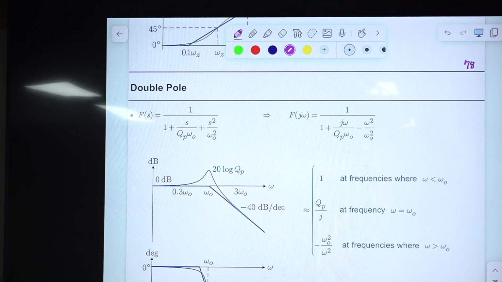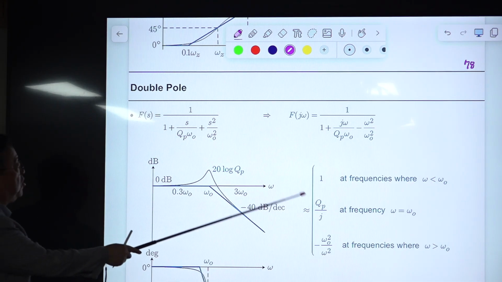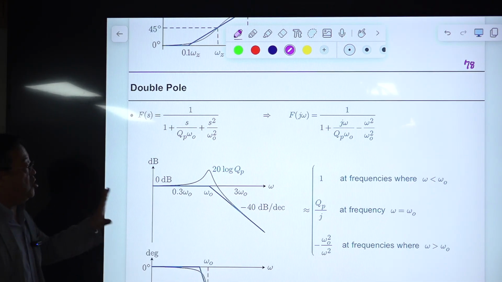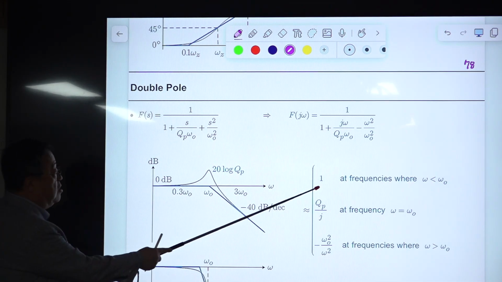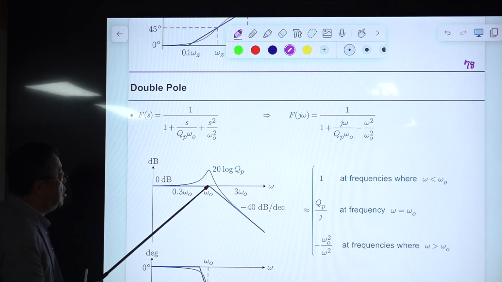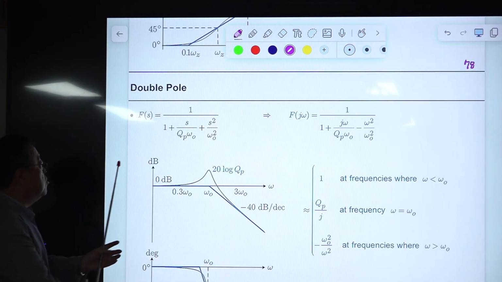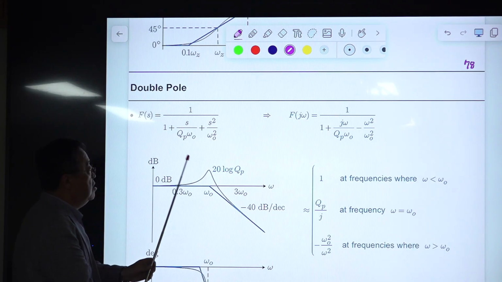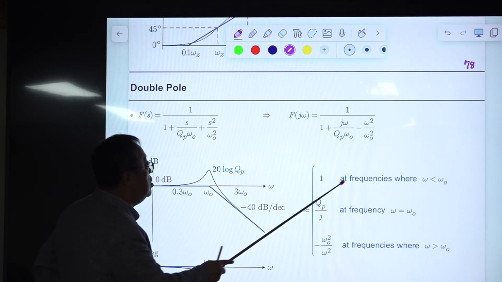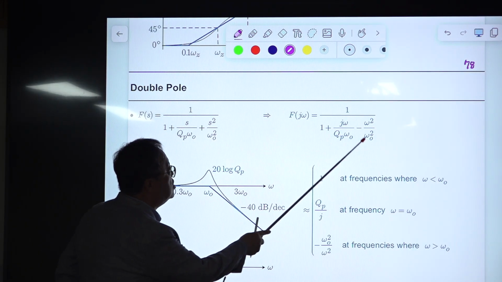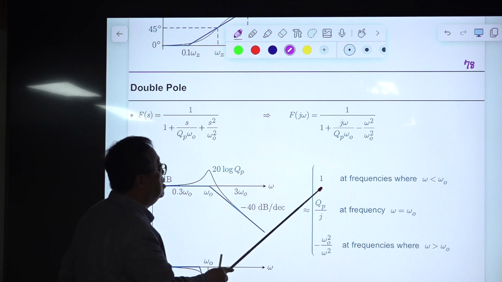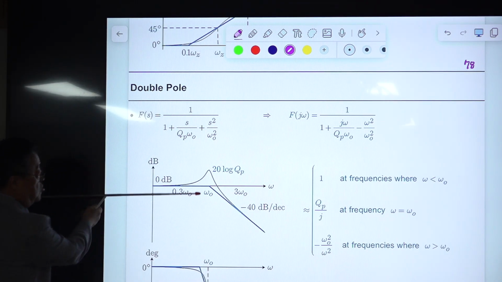Double pole frequency. Previously, we went through some equations to plot this. Okay, but just do this. Divide this frequency into subdivisions. Okay, so this is the boundary between our divisions. So before this frequency, this omega is small compared to this, then they are gone, and it becomes 1. So it starts from this one.